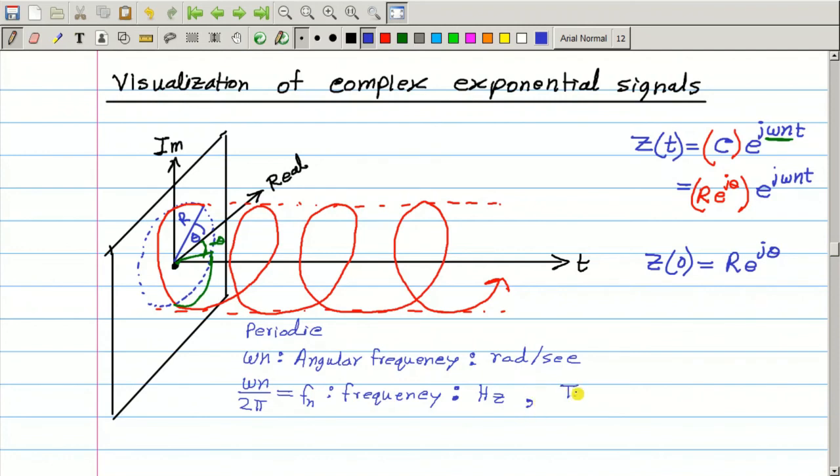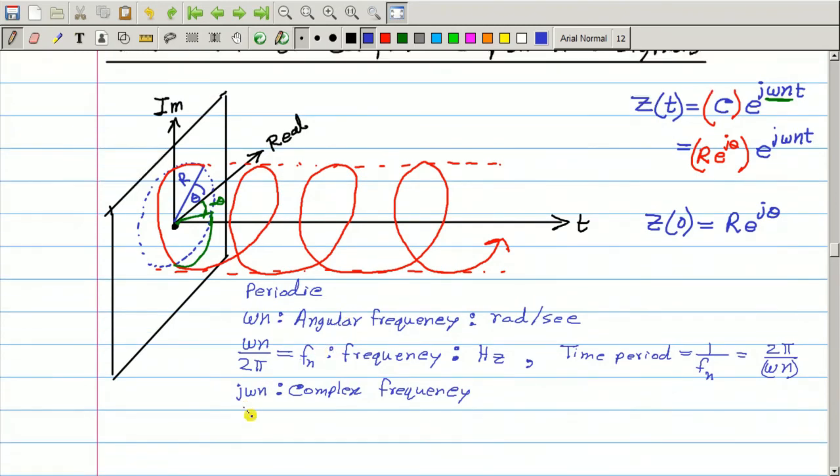And then the time period is equal to 1 over the frequency, which is 2 pi over omega n. And this number j omega n is sometimes known as complex frequency, because this is a complex number and it essentially represents the angular frequency of this signal.